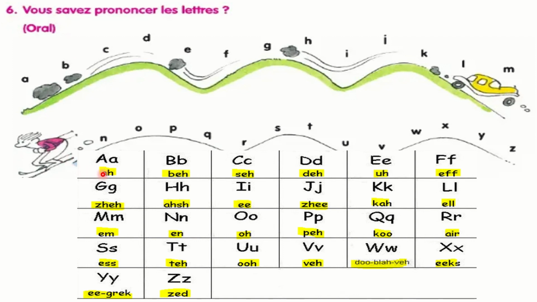First we have A, B, C, D, E, F, G, H, I, J, K, L, M, N, O, P, Q, R, S, T, U, V, W, X, Y, Z.